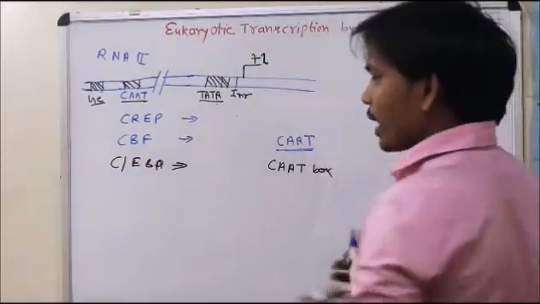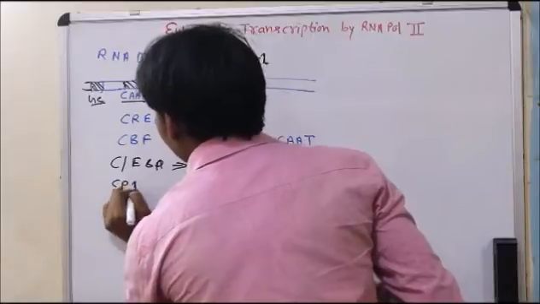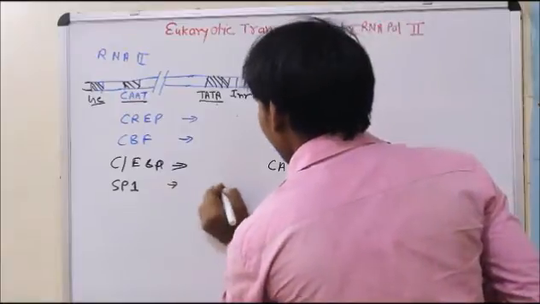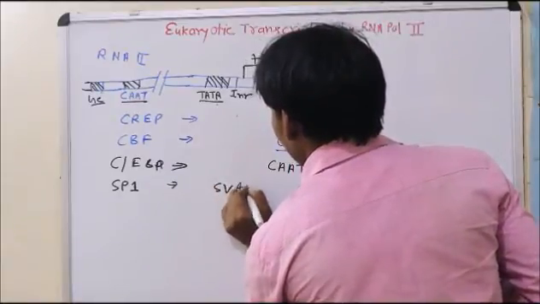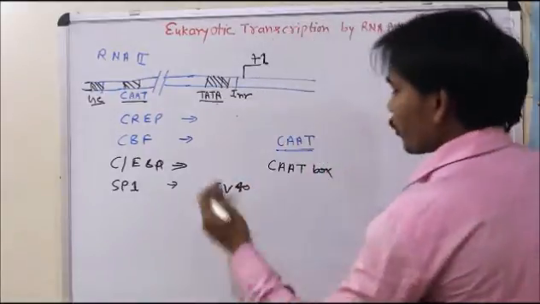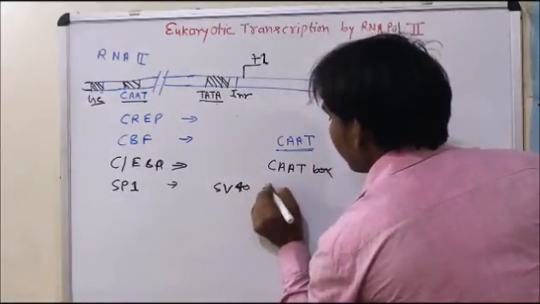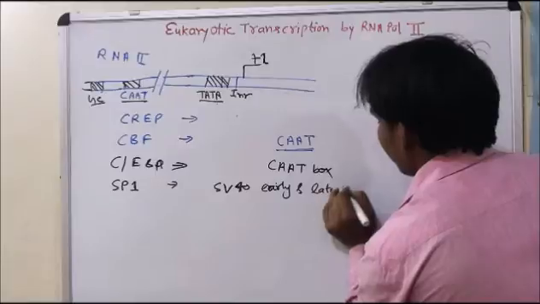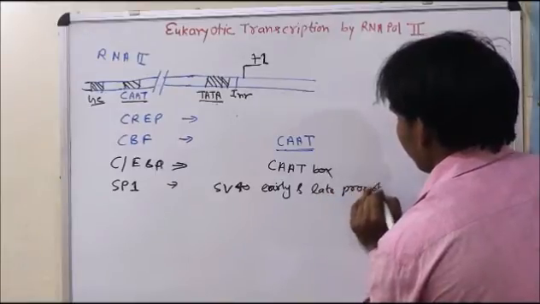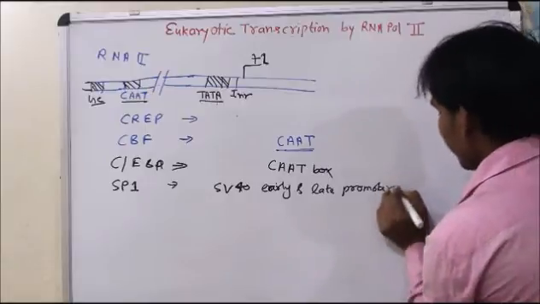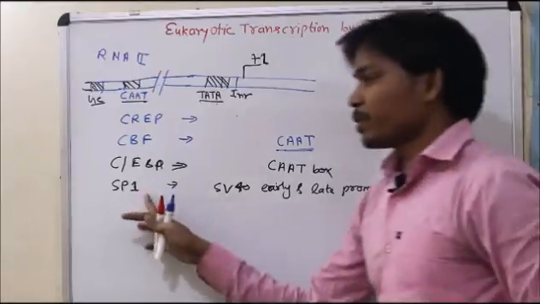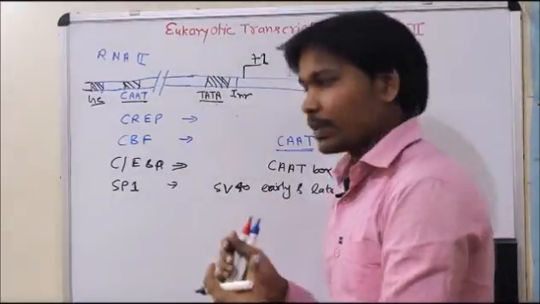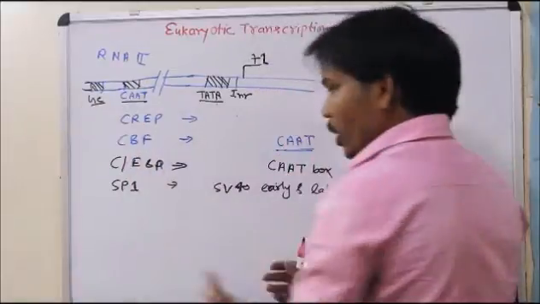These are regulatory, and another is SP1. It activates transcription; it is an activator of transcription, found in the SV40 early and late promoter binding elements. This is called SP1. It activates transcription from 1000 base pairs or 800 base pairs away, and is also called an enhancer.